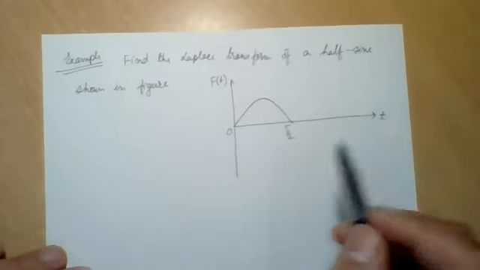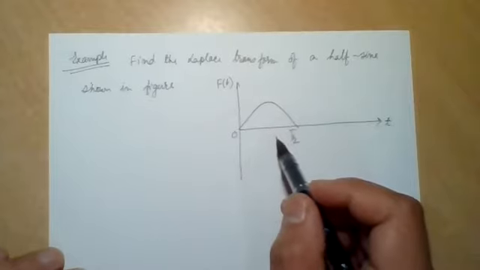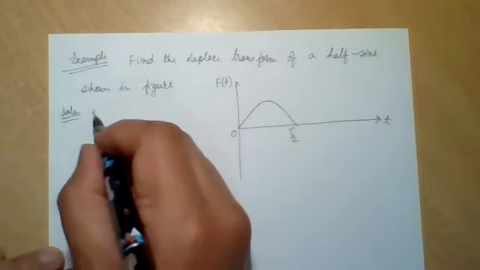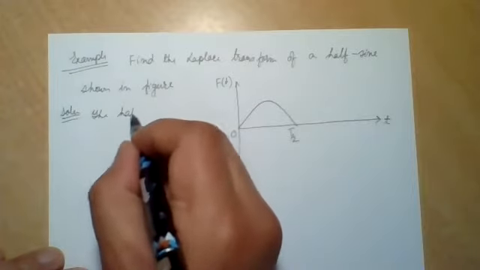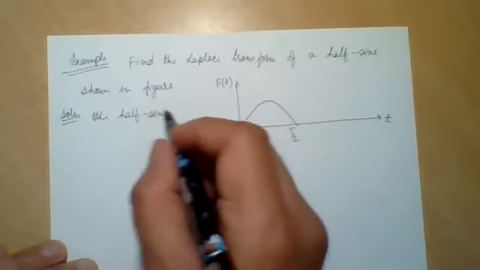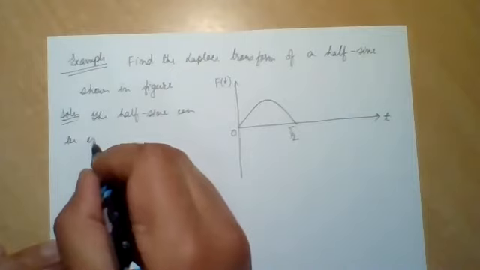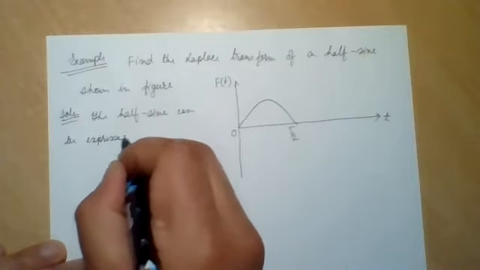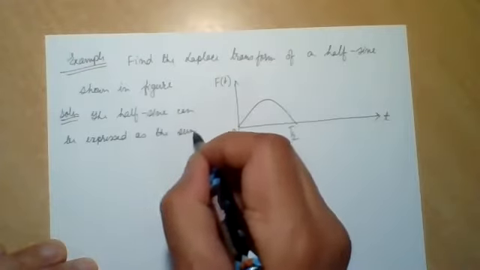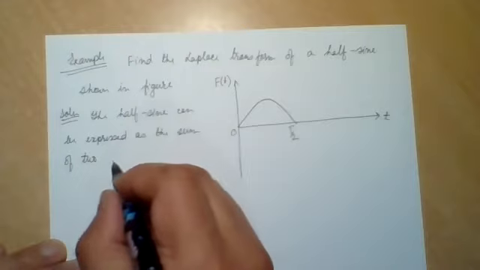So first question is, how do we express this as a function? Solution: the half sine can be expressed as the sum of two functions.